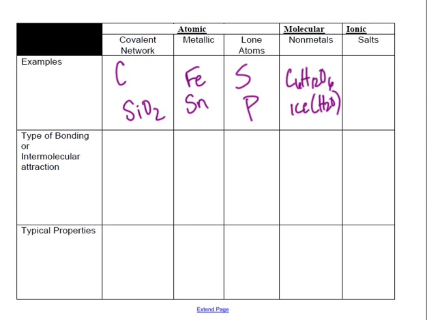All right, what about some salts? Let's be creative. Do not tell me NaCl. Francium fluoride, the thing we're afraid of.